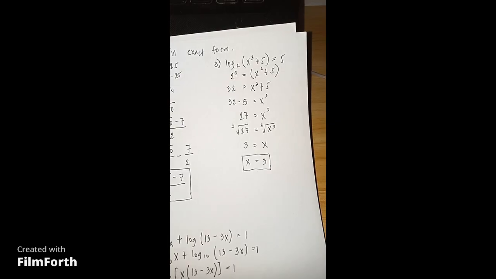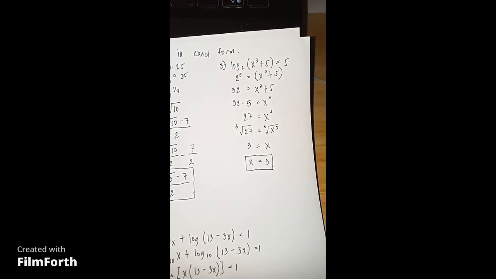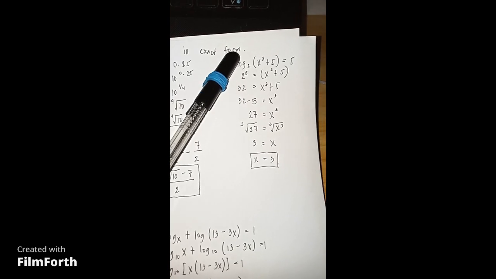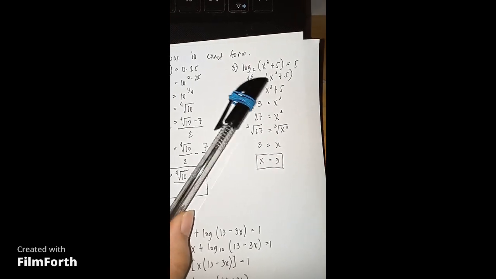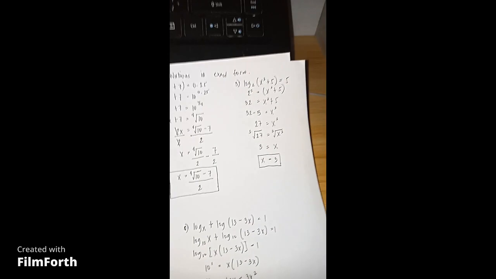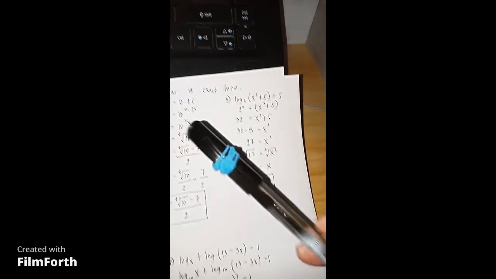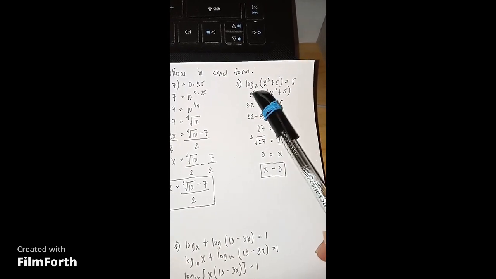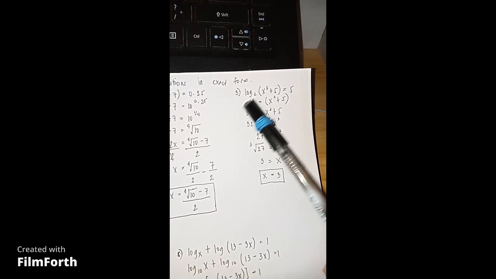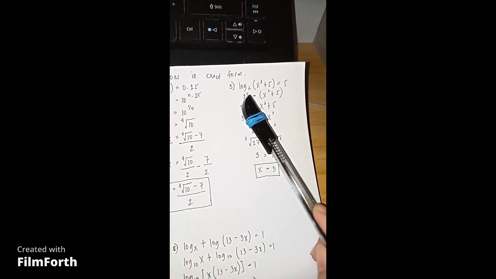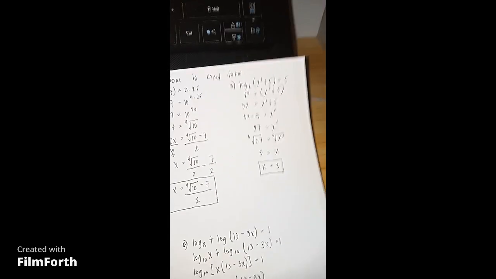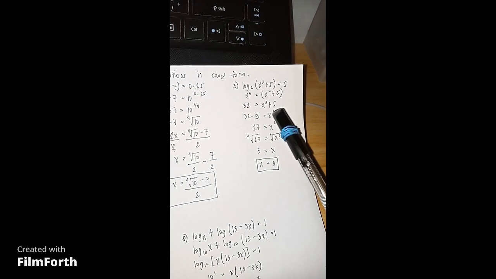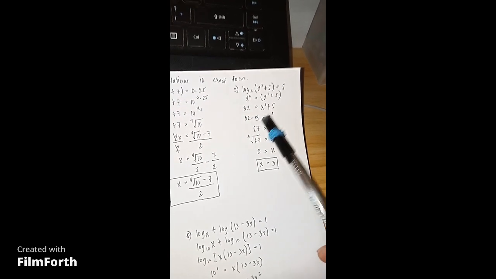So let's go to number 3. So we have here log 2 (x cubed plus 5) equals 5. So copy the 2 and the 5 will be raised to 5. So and then copy the x cubed plus 5.